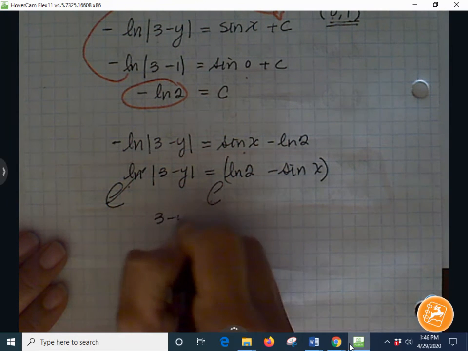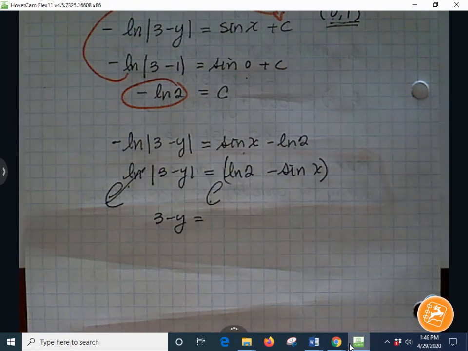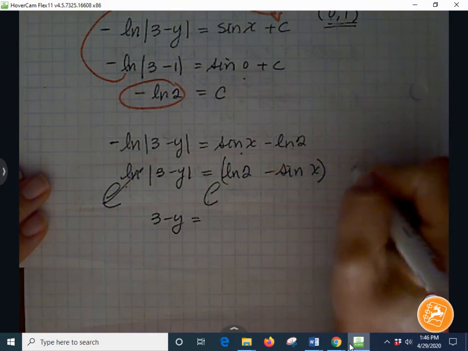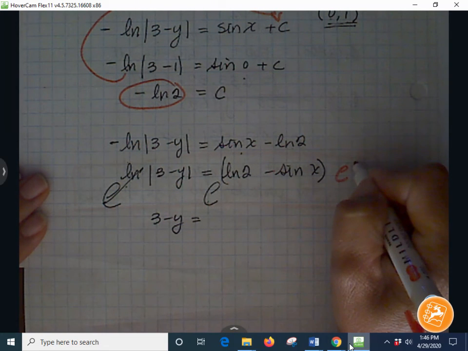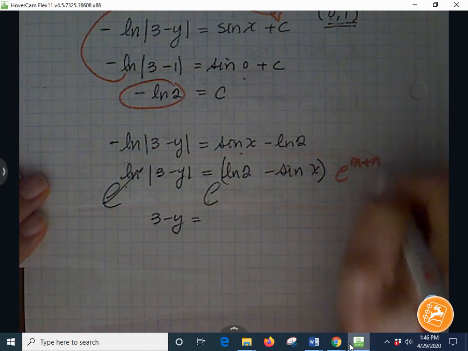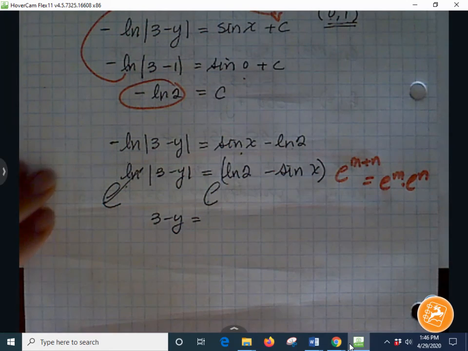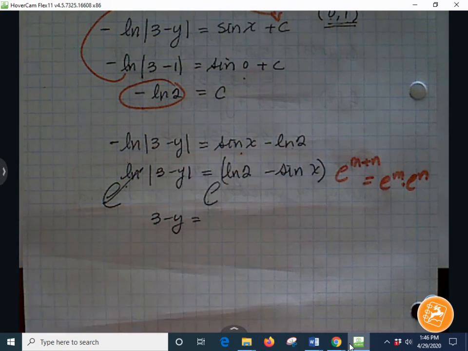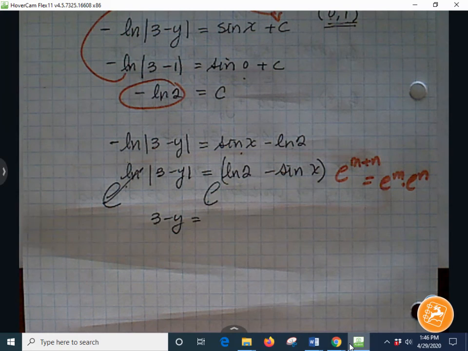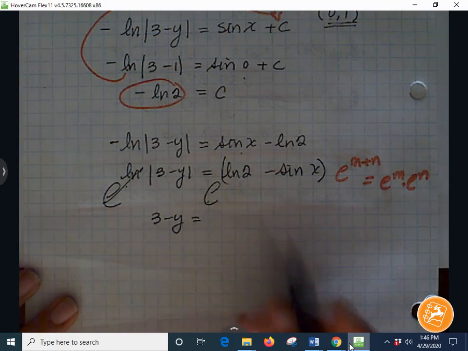So I have 3 minus y is equal to, now if you remember the laws of exponents, e to the m plus n is the same thing as e to the m times e to the n, right? So now I know that's a negative, but we'll still keep it like that.